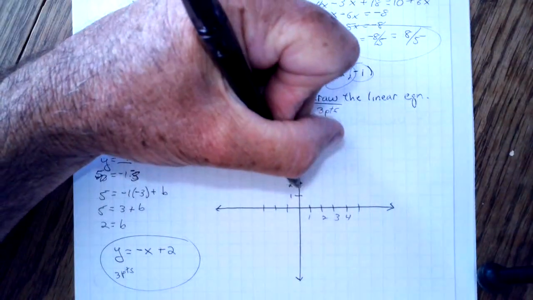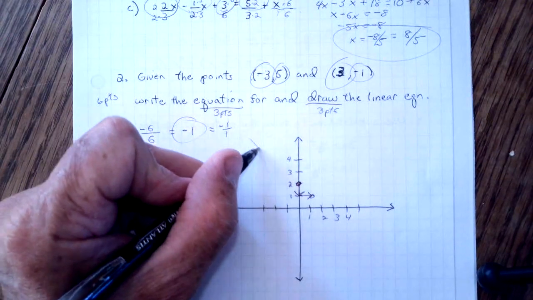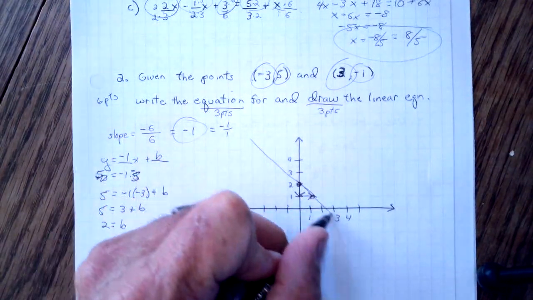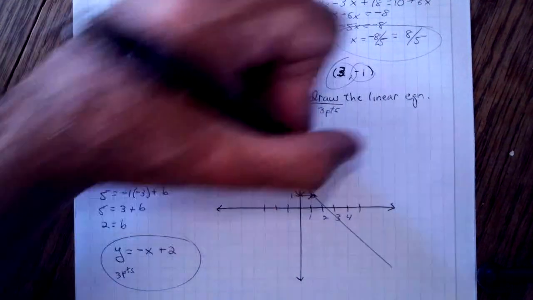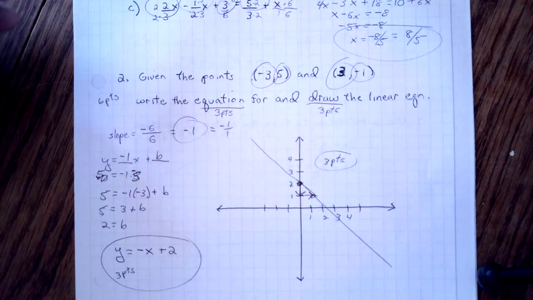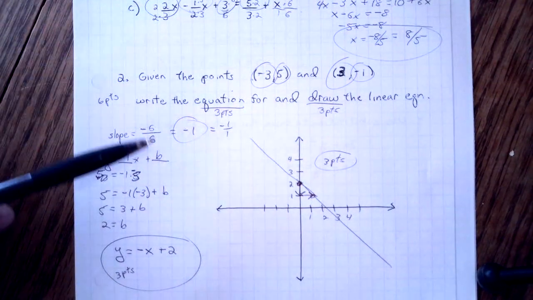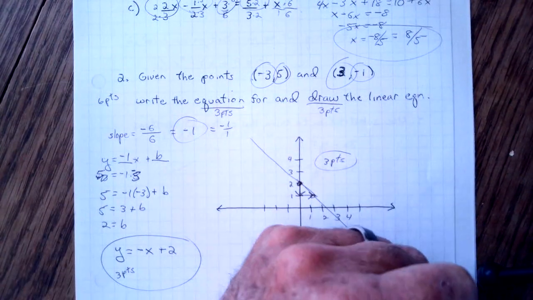So I'm going to go down 1, run 1, make a dot, and that is my line. It's just going to go at a 45-degree angle down. So that is worth 3 points. So total on this page, you've got 3, 6, 9, 12, 15 points possible.